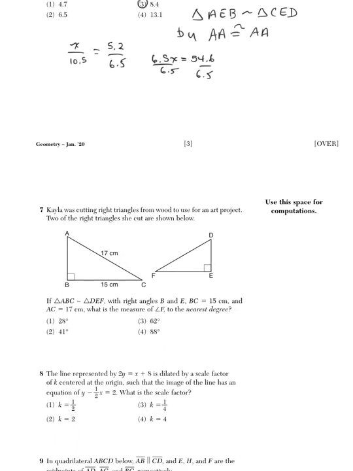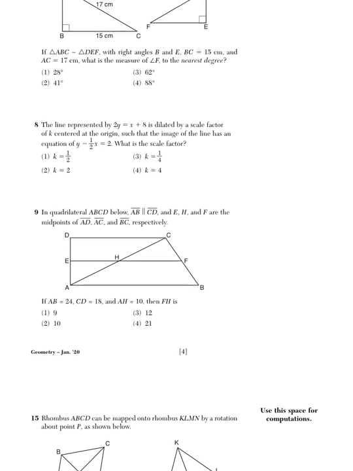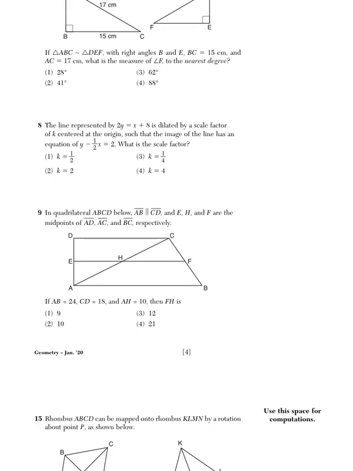Okay, if you're looking at the next page, question 9, they're giving you a quadrilateral, and they're telling you AB is parallel to CD. So that means that ABCD is a trapezoid. Then they're telling us that you have these parallel lines, and they're telling you that you have these midpoints.